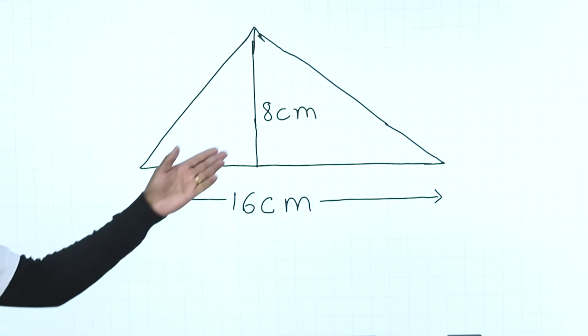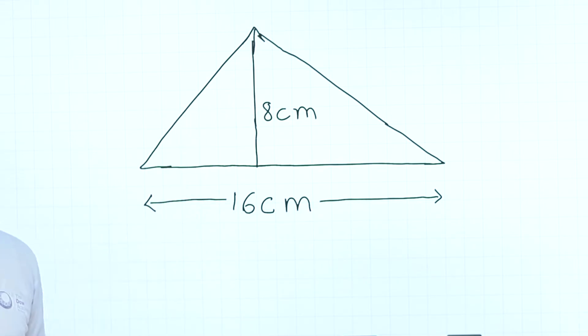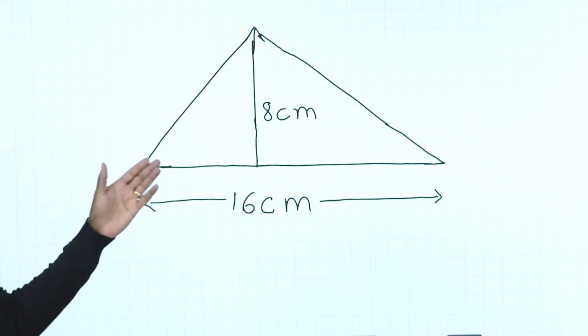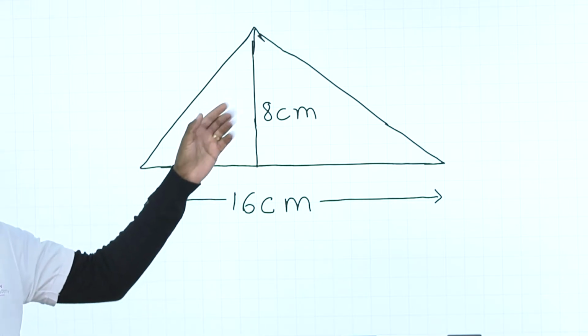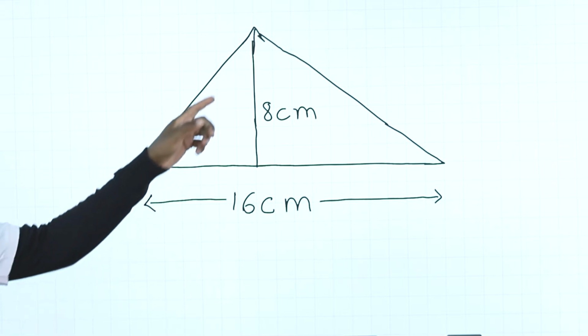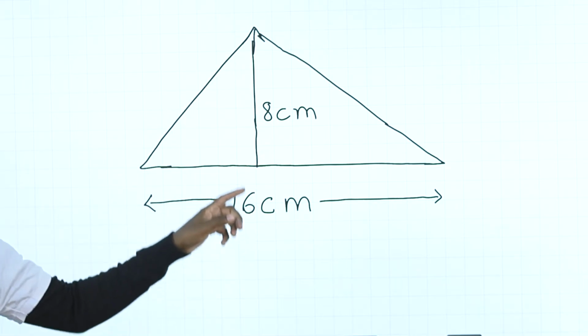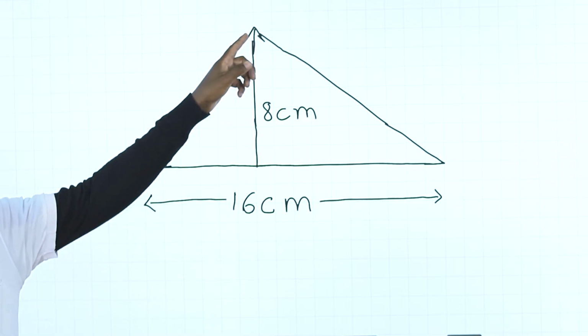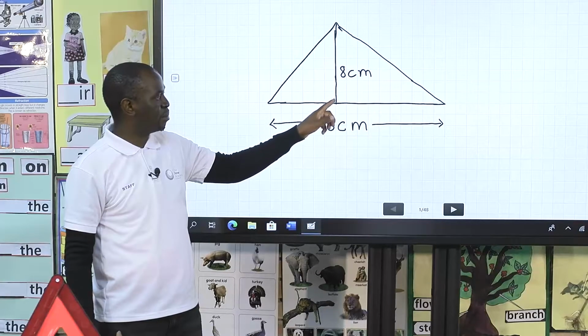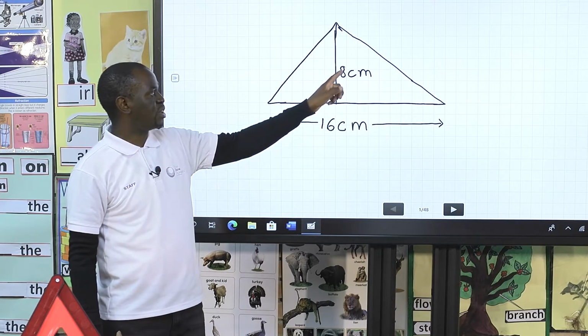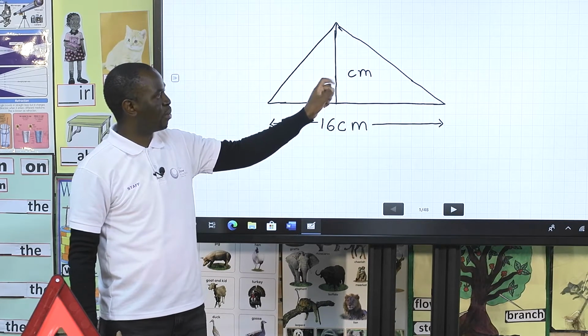We also have the height, which is 8 centimeters. Remember, I told you that to find the height of a triangle, we have to identify the line that is perpendicular to the base. In other words, the line that meets the base at a 90-degree angle. So 8 is our height.